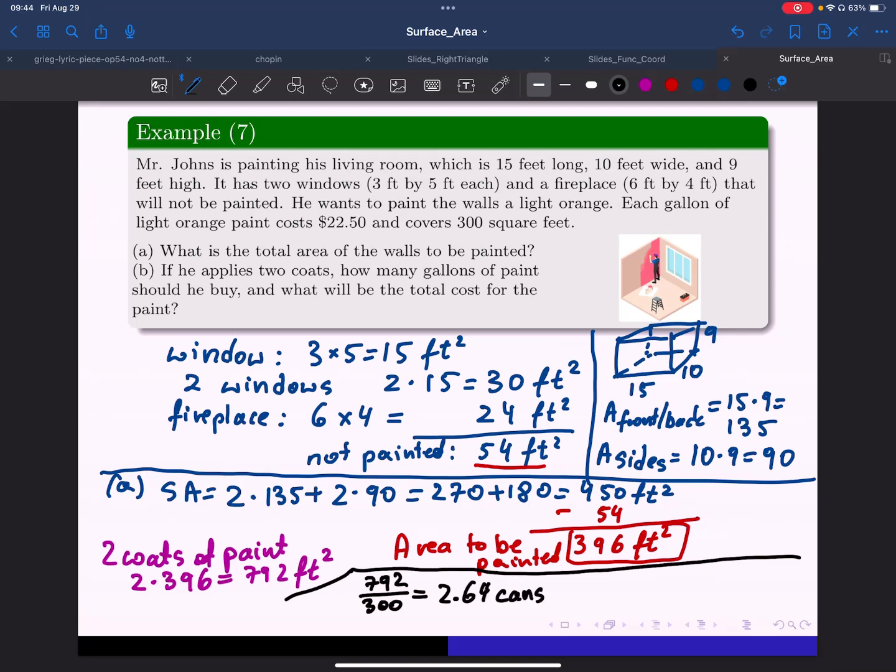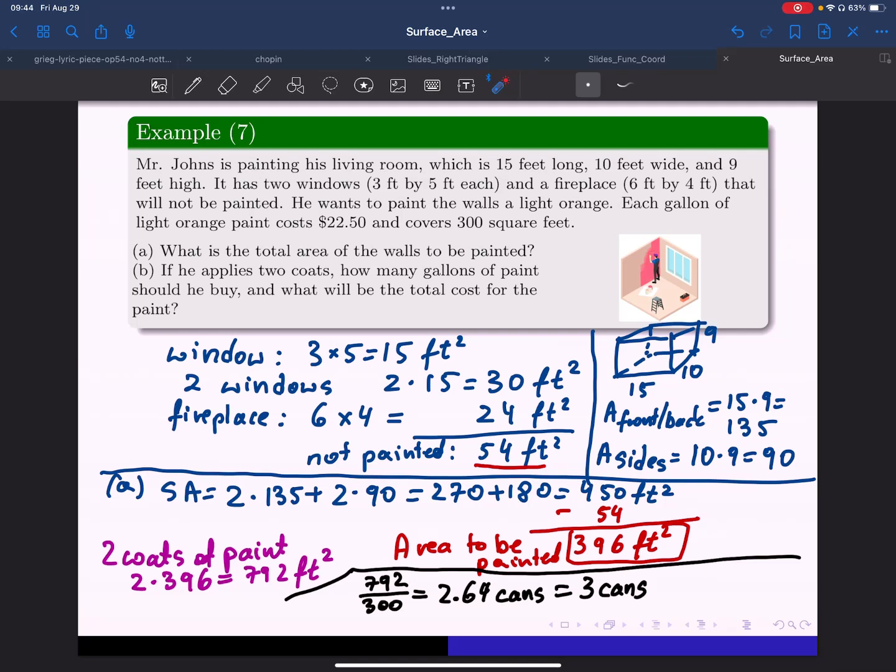We cannot buy part of a can, so we need to buy 3 cans. That makes sense because if one can covers 300 and another can 300, that would be a total of 600, and we have 792, so we definitely need 3 cans of paint.